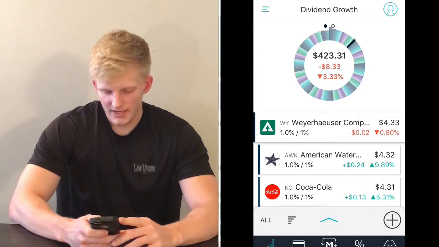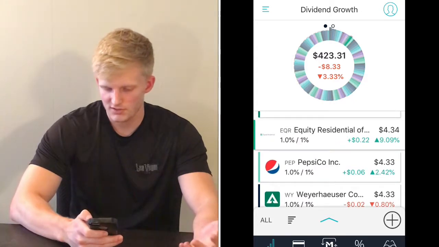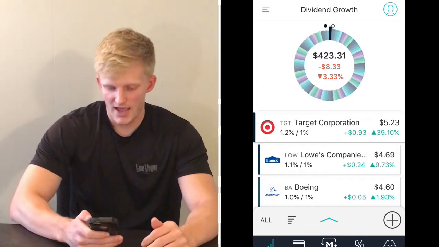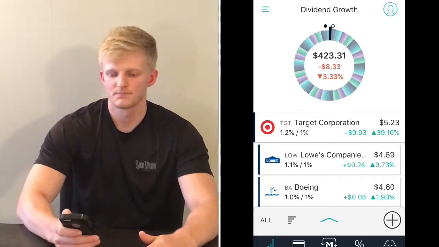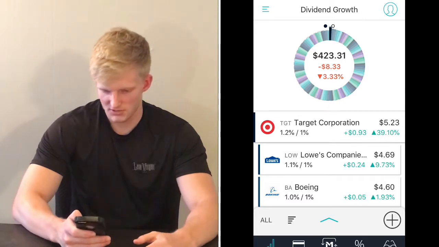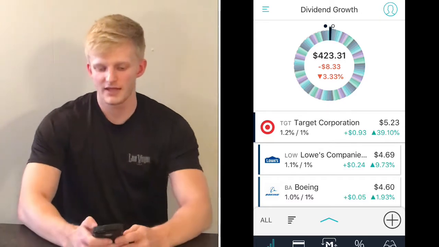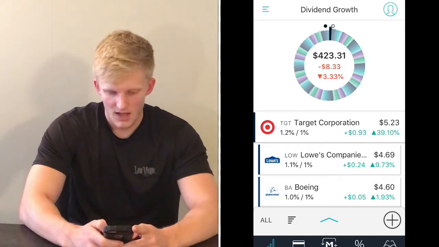Here you can see the different holdings in my portfolio. The top one is Target, and I think these are organized by largest gain to smallest gain. Target has done really well lately, which is why it is at the very top.